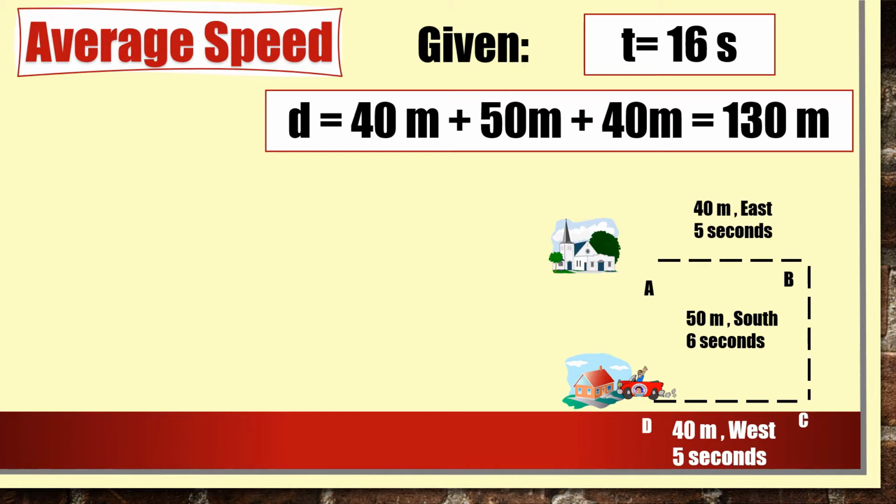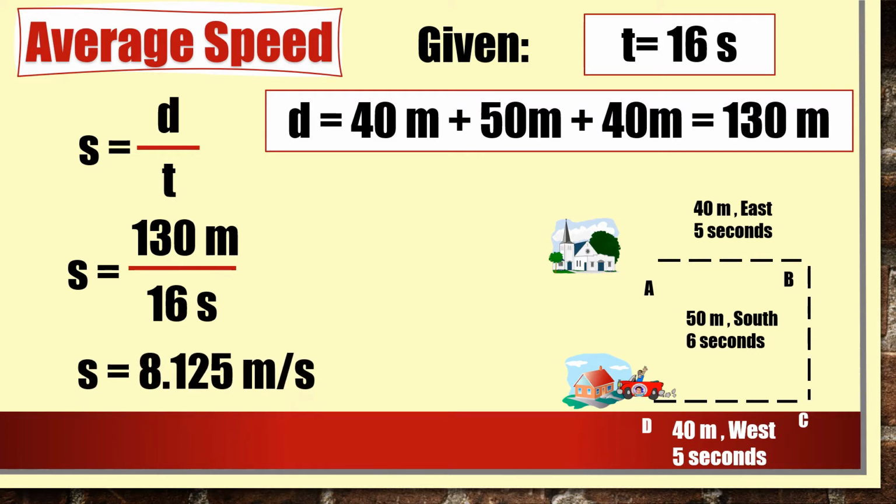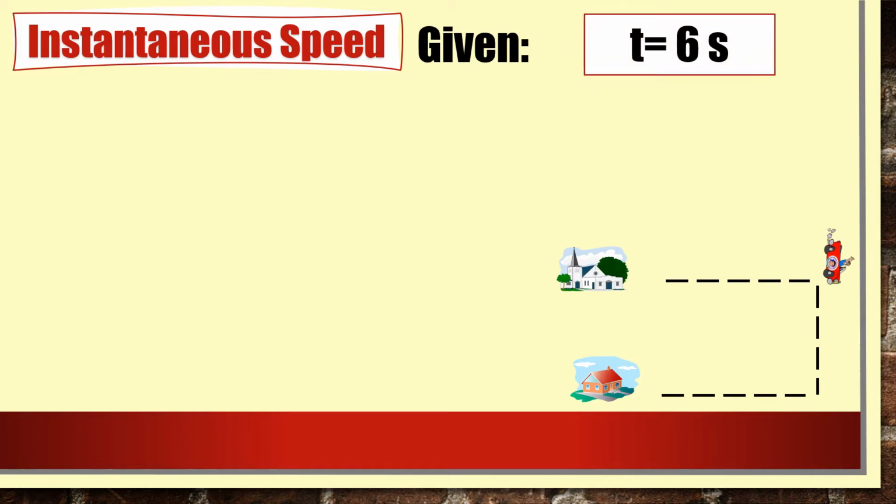Its formula is equal to distance divided by time. Our distance is equal to 130 meters divided by the time, which is 16 seconds. The average speed of Reeds is equal to 8.125 meter per second.